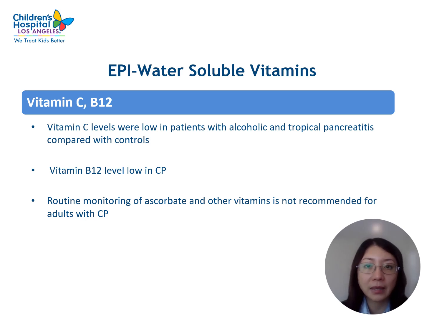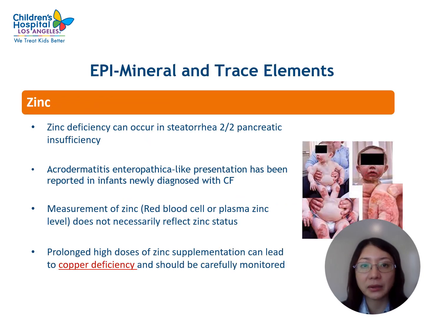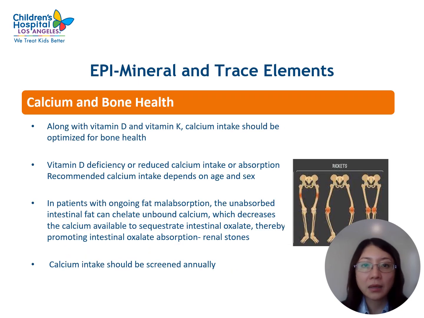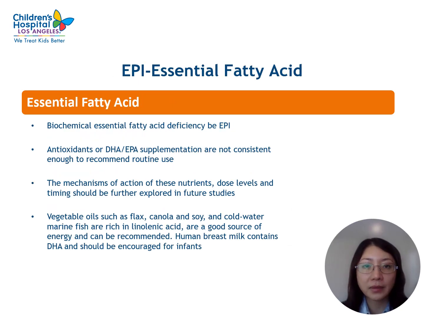So it's case by case when we decide if we need to add it. And the patient may also have a zinc or other mineral or trace element deficiency. We need to monitor that if a patient shows symptoms. And the same thing for essential fatty acids. We need to keep that in mind in patients with severe malnutrition.